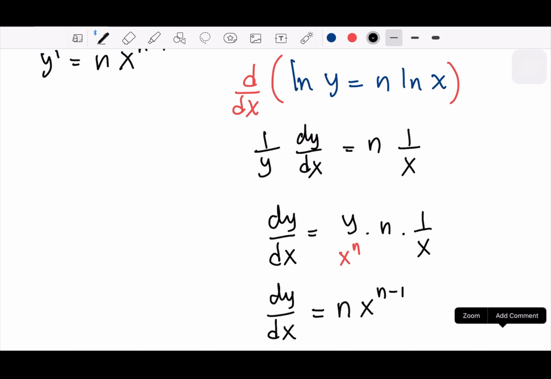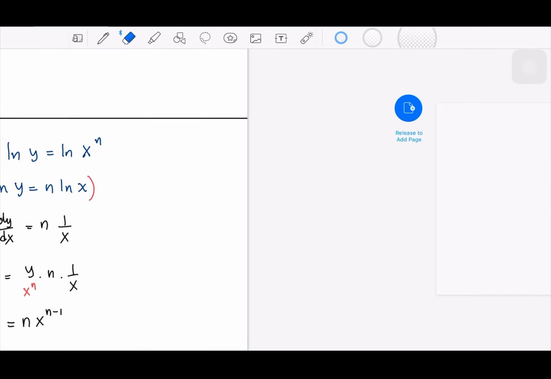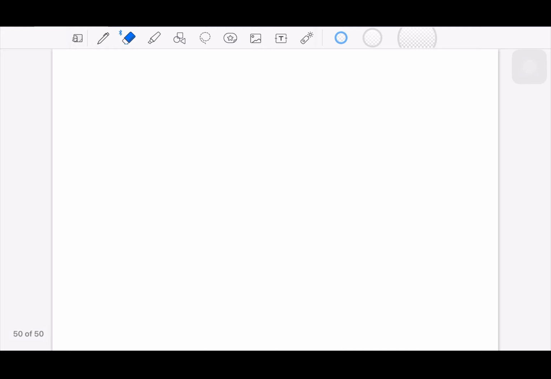Okay, so we can take this approach to prove most of the formulas in derivatives. You can take the power rule, product rule, any significant formula. Let me take a look at the product rule for a moment.